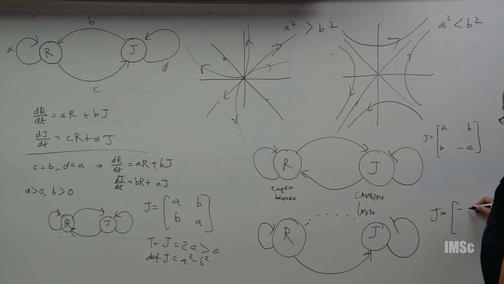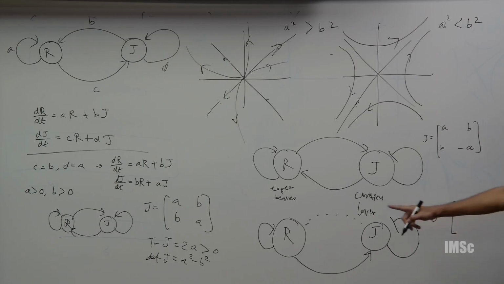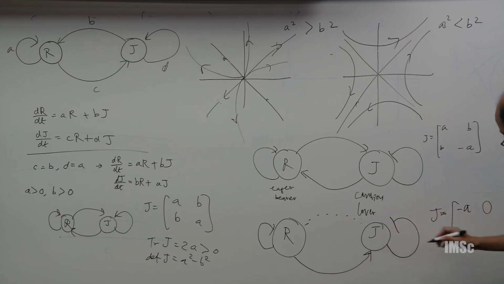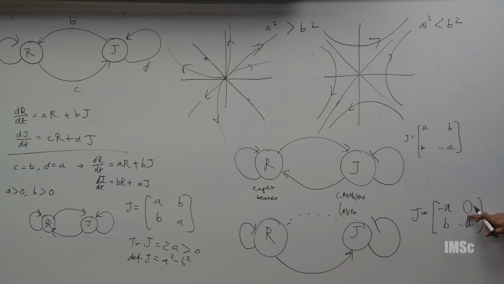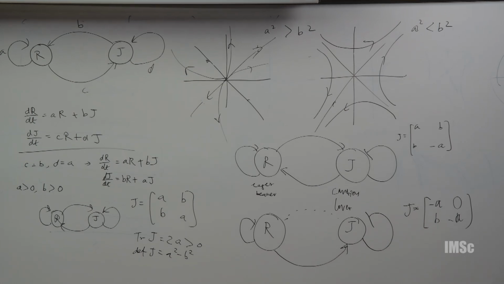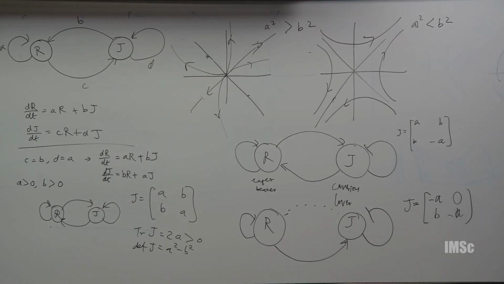So it's minus A, then 0, then B and minus A. So what will happen?